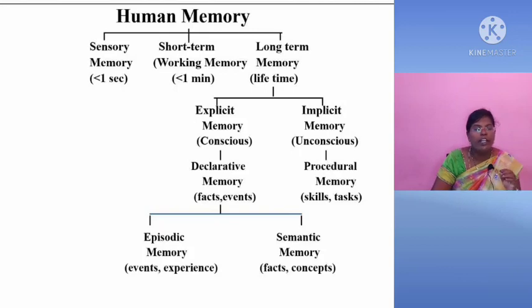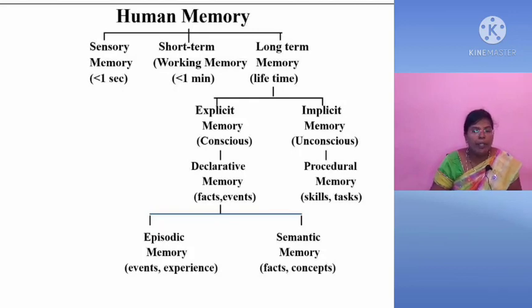That has been divided into only one part, procedural memory. In procedural memory, they have skills and tasks. Task means the work which we are doing. Whatever skills we have come under procedural memory. We remember that; it is called long term or lifetime memory.